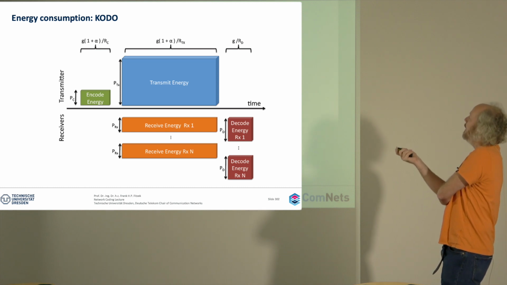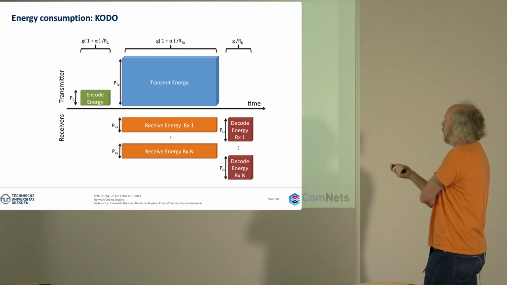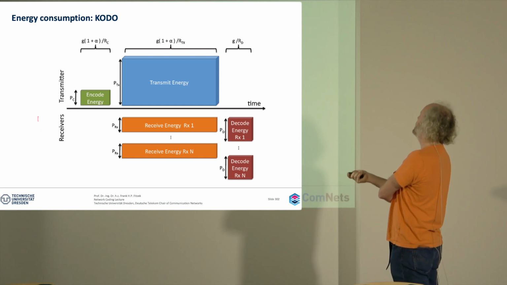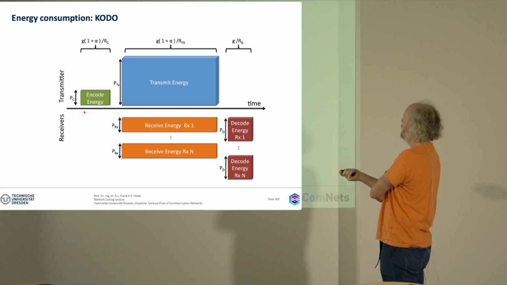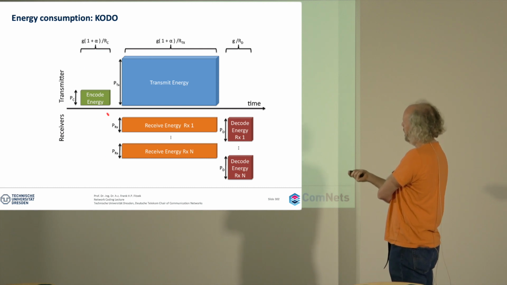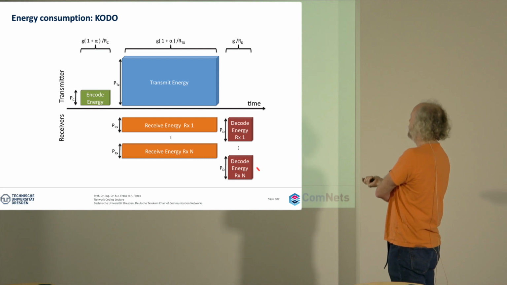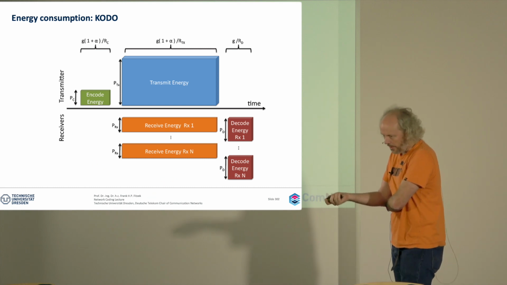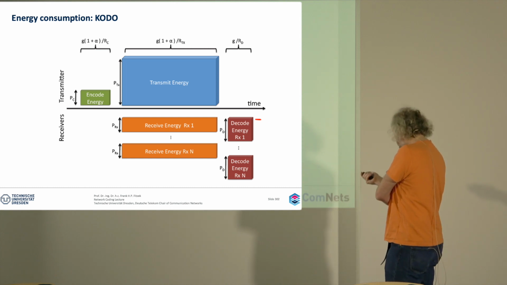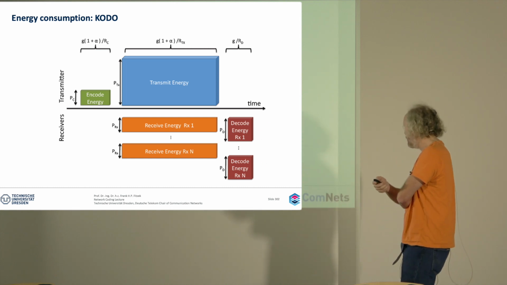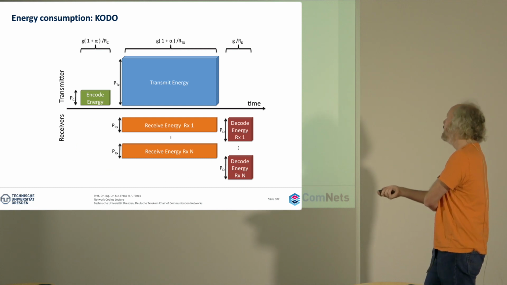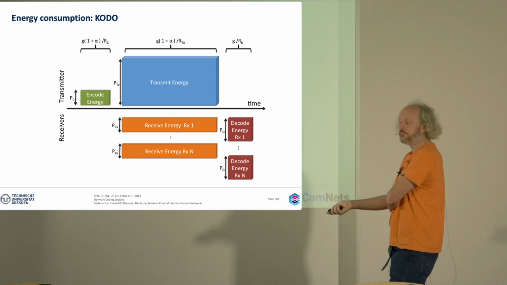Now, if you don't look at point-to-point, but think about point-to-multipoint, then you would ask what happens if I have a transmitter transmitting the information to multiple receivers. We investigated this as well, and there you pay for the encoder only once, but multiple times for the decoding process, and then you also have energy for the receiving and for the transmitting.